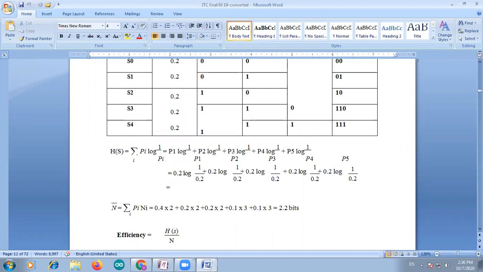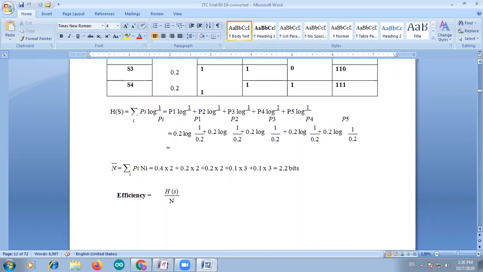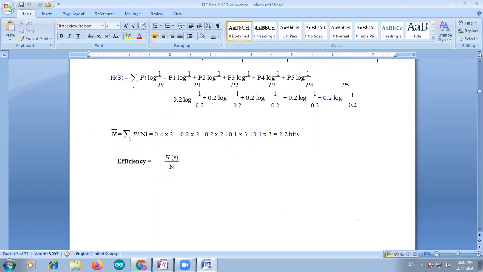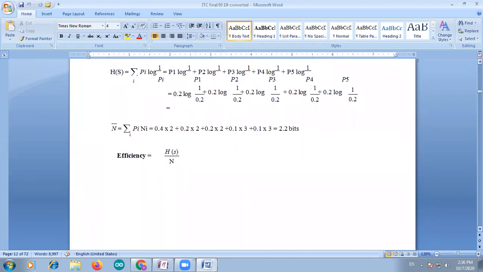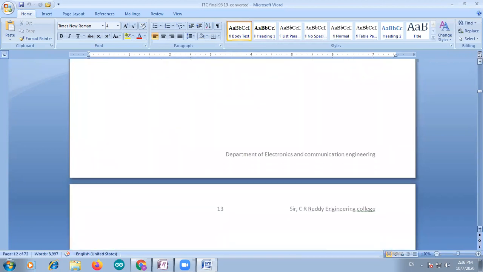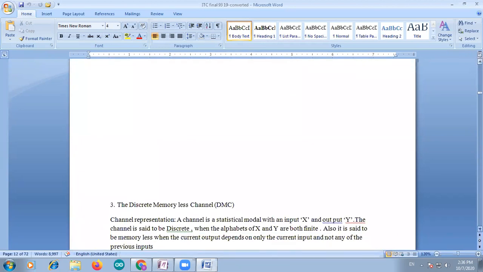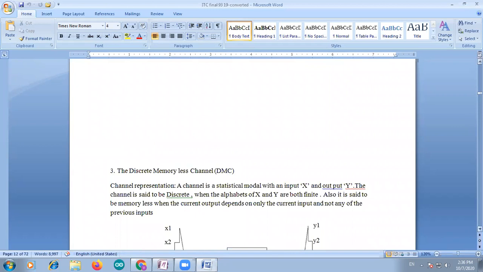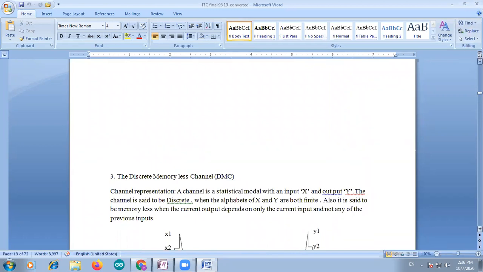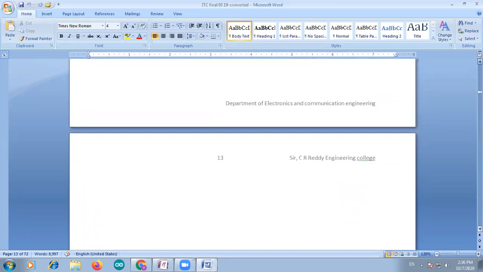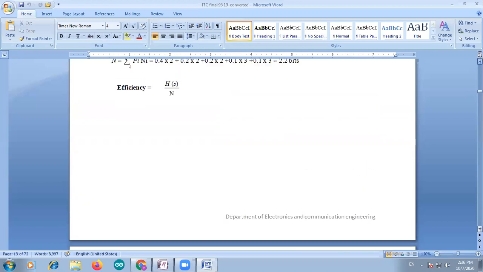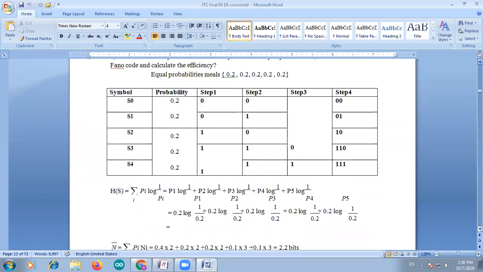Then calculate the n bar value and find H(S) by n bar. That is the efficiency. It is the concept related to Shannon-Fano coding.